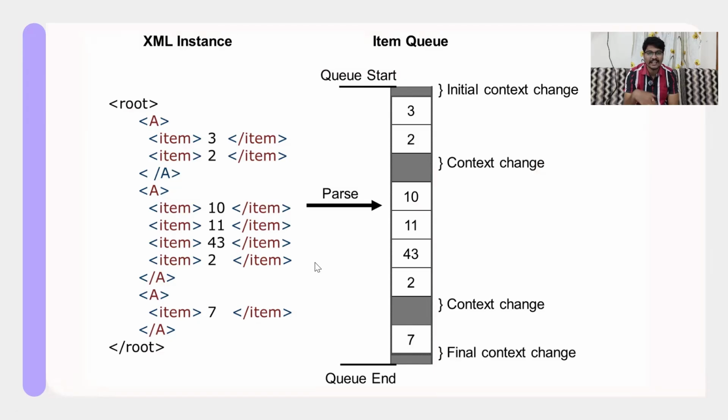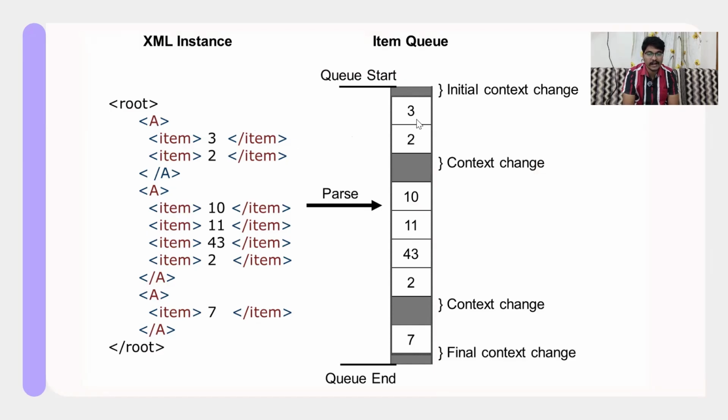So if I generate a queue for A, what will happen? This is the initial context and this is the queue end. So this is the queue start and queue end, the first and last grayed out areas. That is fine. And all the fields with white backgrounds are the actual values. For the first A node, we have 3, 2.